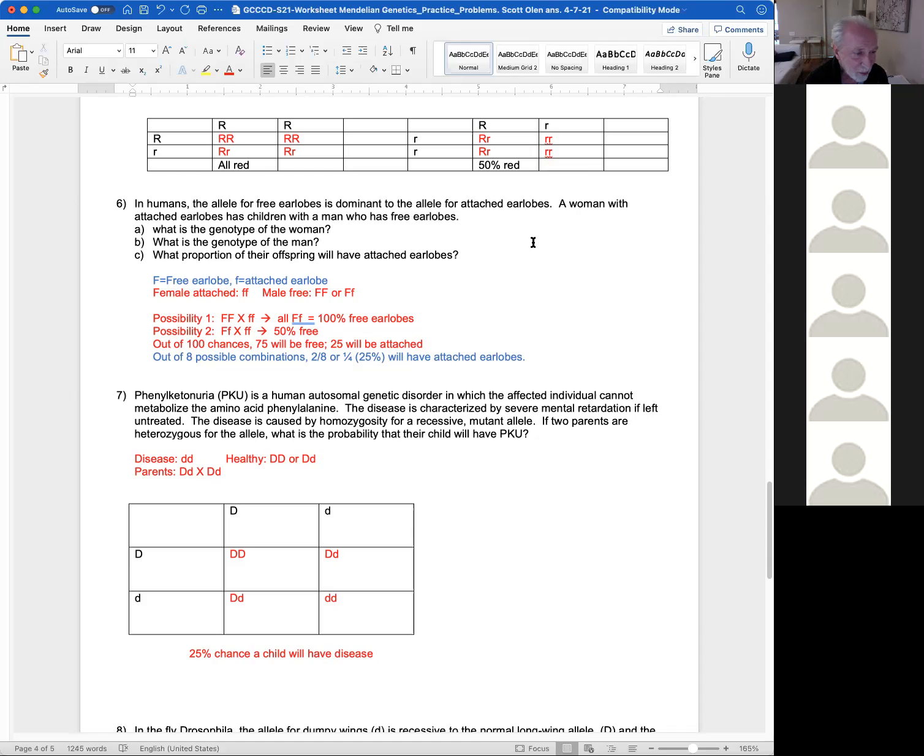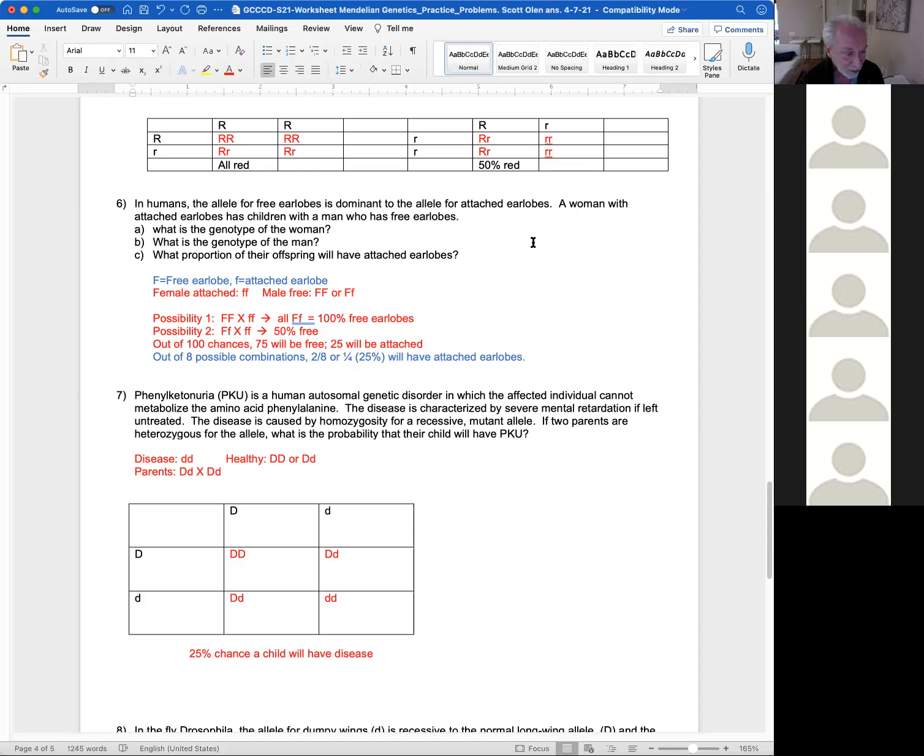So possibility one, if the male is big F big F times little f little f, all of the children would have free earlobes because they're all heterozygous.